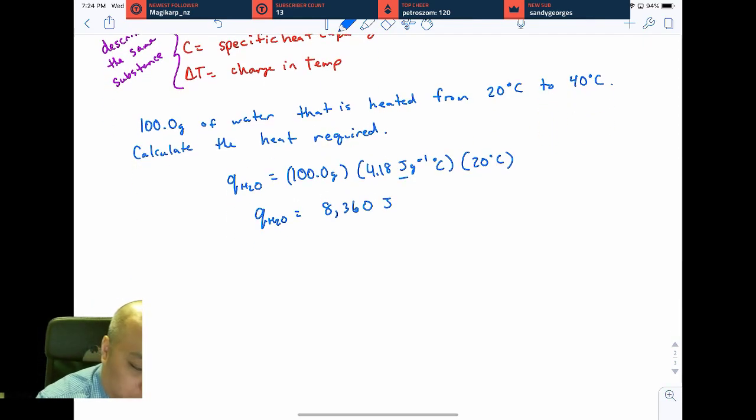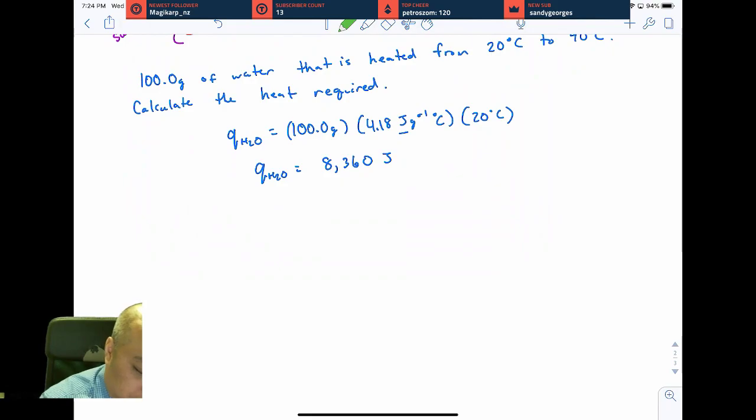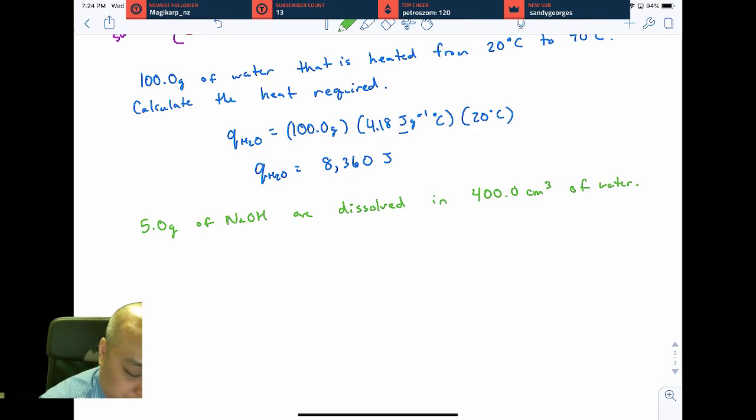But what they'll do is they'll say, 5.0 grams of NaOH are dissolved in 400 centimeters cubed of water. The temperature increased from 24.6 degrees Celsius to 38.2 degrees Celsius.